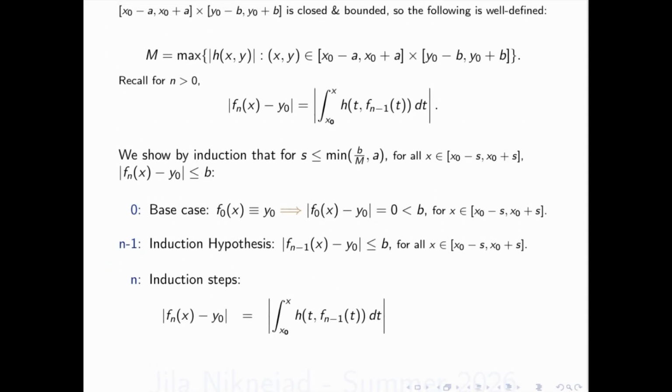Induction step. The absolute value of f sub n of x minus y naught is equal to the absolute value of the integral from x naught to x of h of t and f sub n minus 1 of t dt.